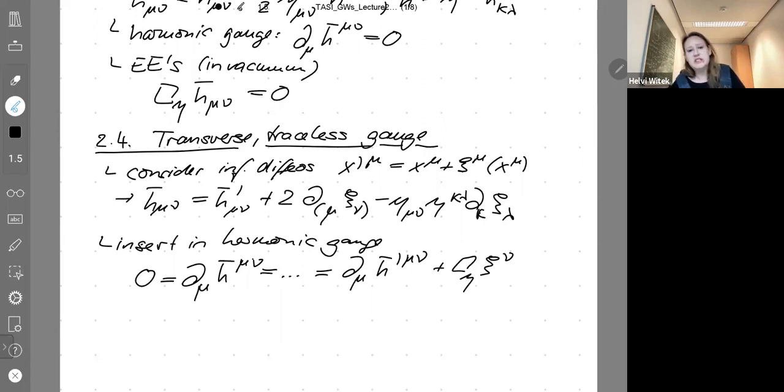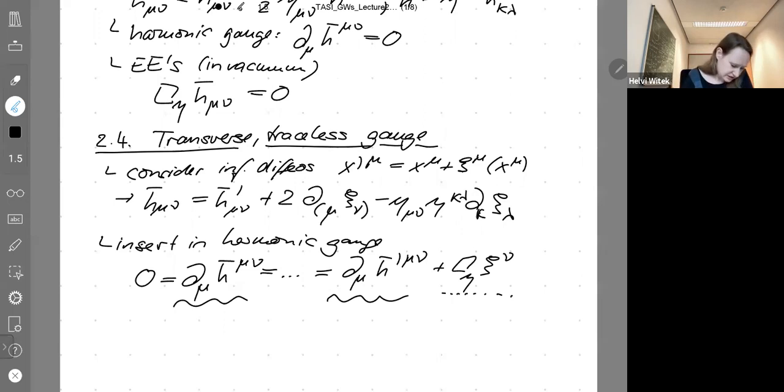So in other words, if you want to preserve the harmonic gauge, keeping this form independently of the choice of gauge, then we find that the wave operator acting on our generating vector must be 0.